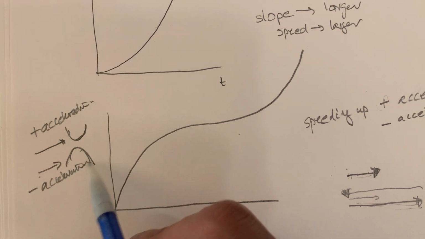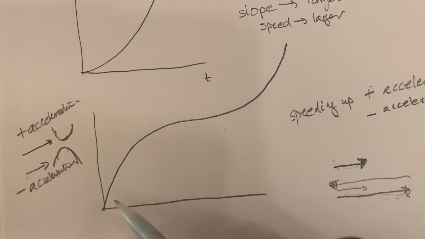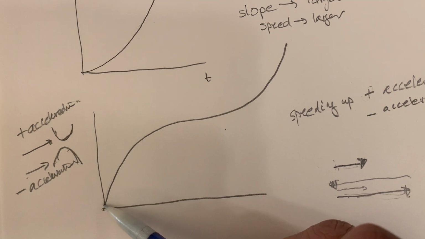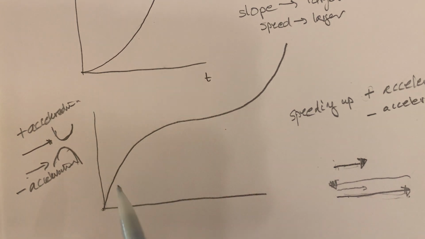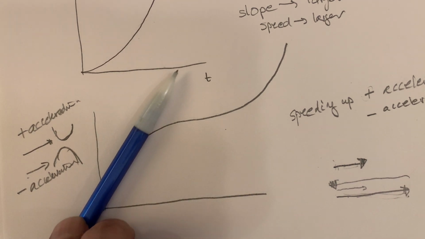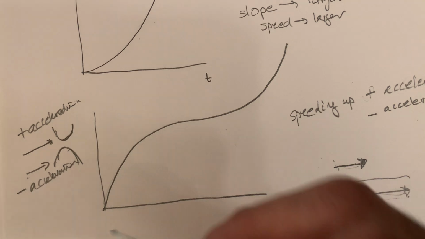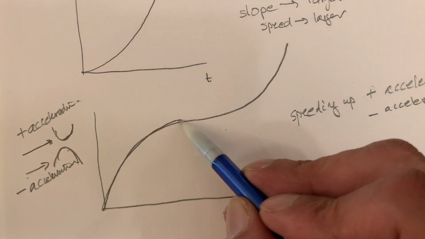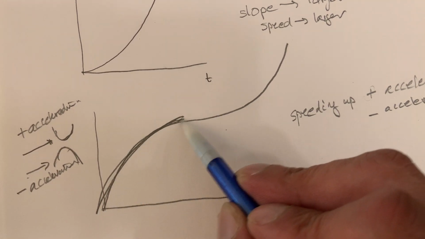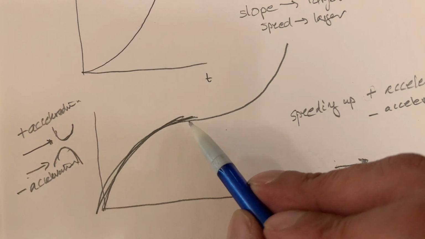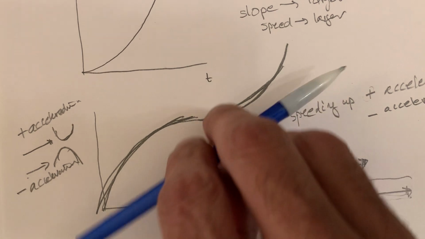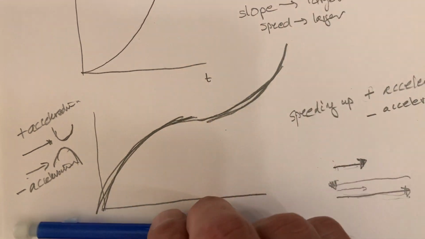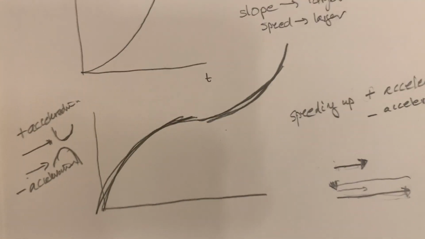And so looking at this curve, you could see that all of this is negative acceleration. Remember, this guy starts out really fast and he's slowing down. So all of this is negative acceleration all the way up here. And then this is positive acceleration. And you can see this slope going up. So it's speeding up. All right?